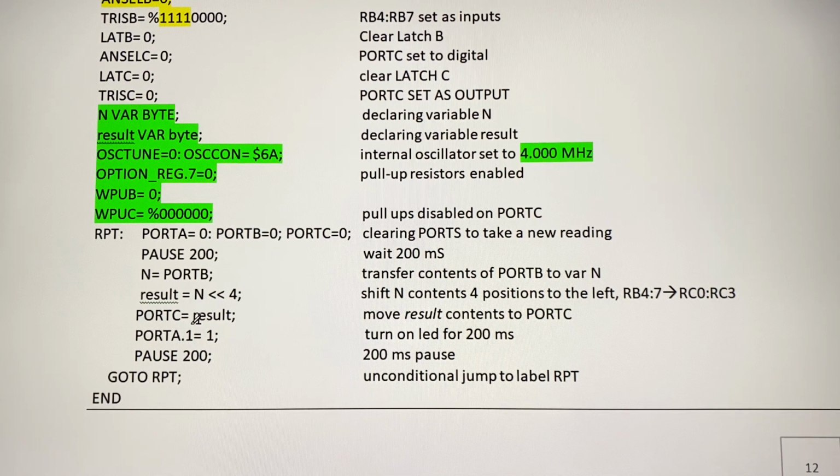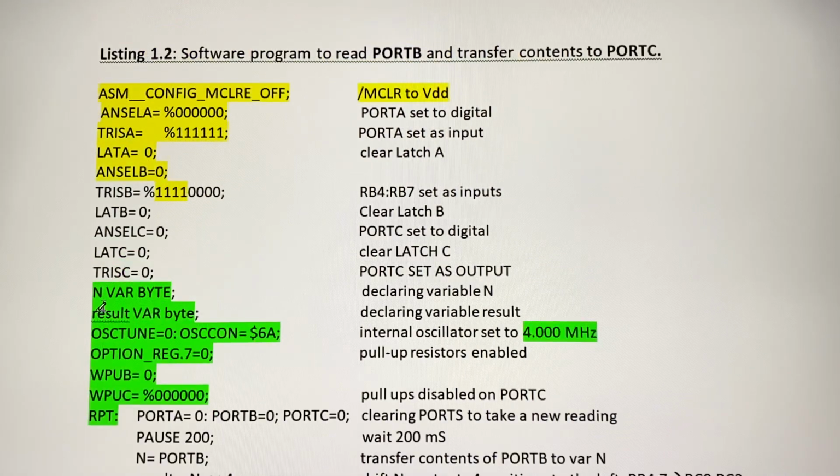So I have here the result transferred to port C. I turn on this LED on RA1 and wait another 200 milliseconds and go to repeat. So the software keeps repeating this instruction again and again. Okay, so this is how this software works.